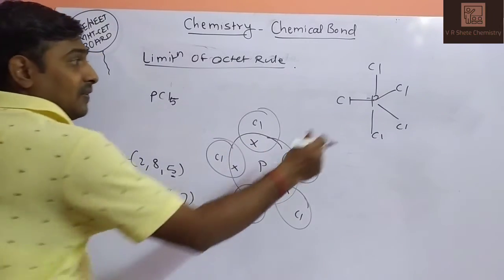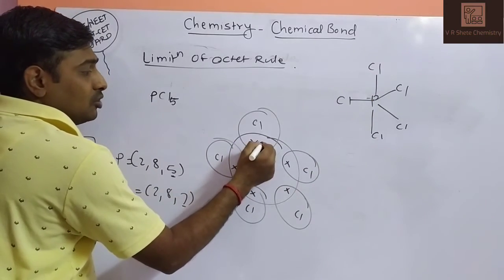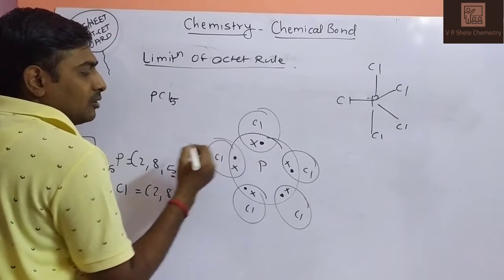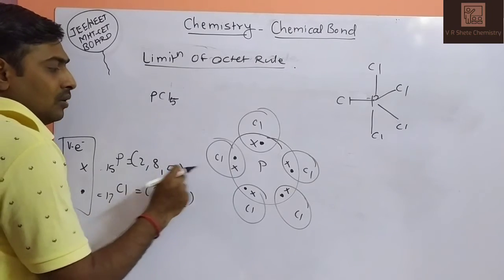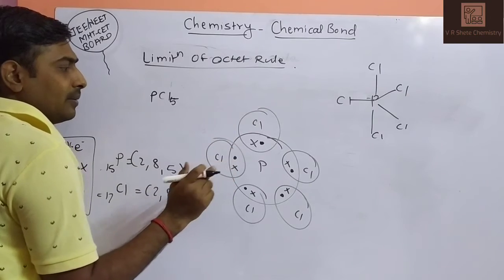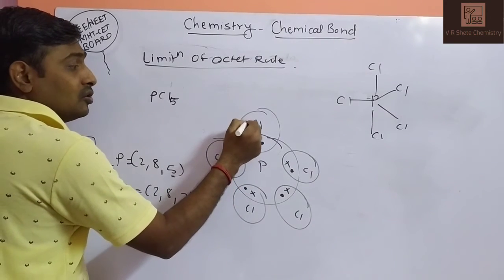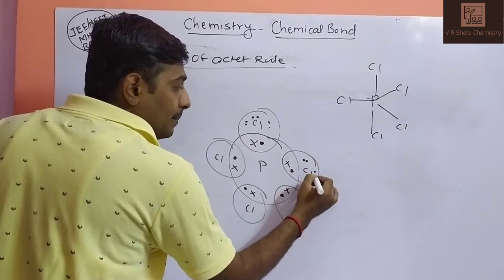Phosphorus shares 5 electrons with the 5 chlorines, and each chlorine also shares 1 electron, so each is a single bond. For chlorine, how many have to be completed? 7. Out of 7, 1 is engaged in the bond, 6 remain, 1 2 3 4 5 6. Same with all the chlorines.